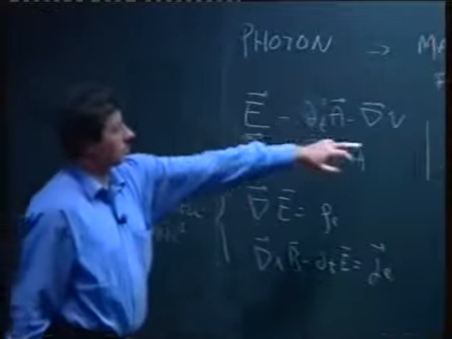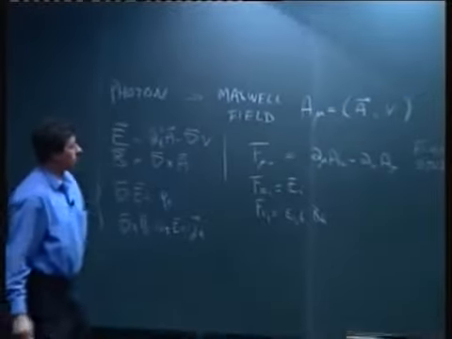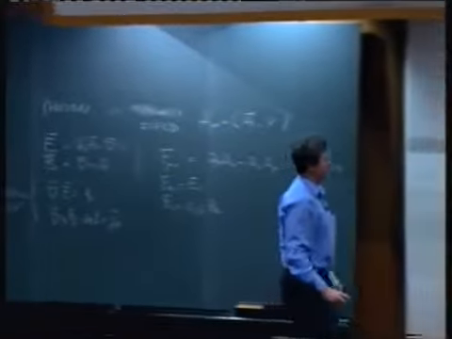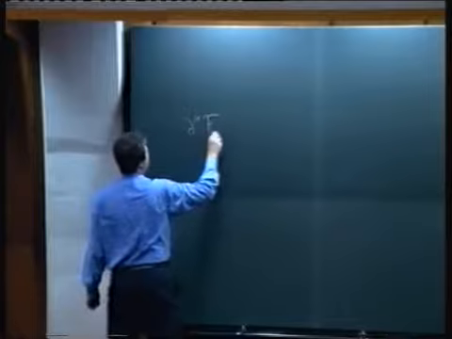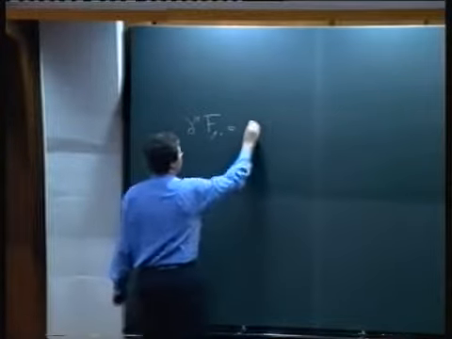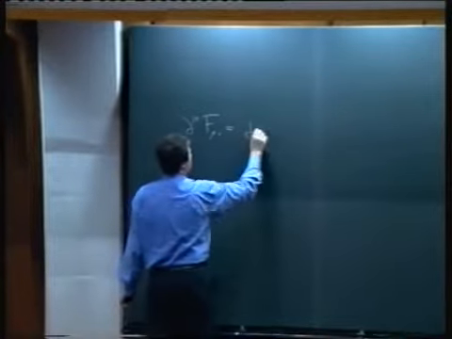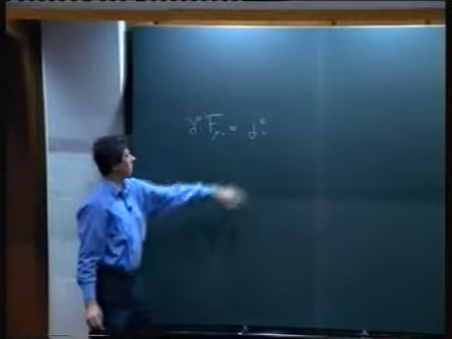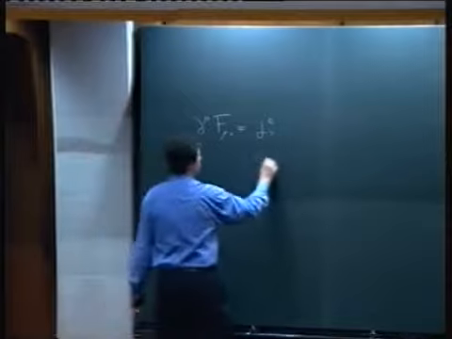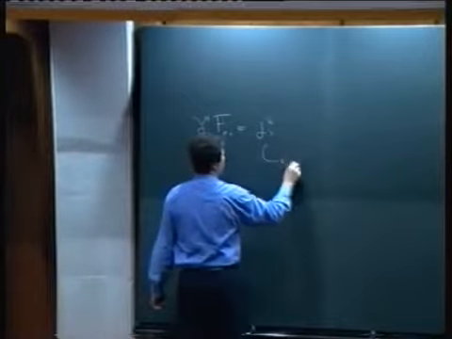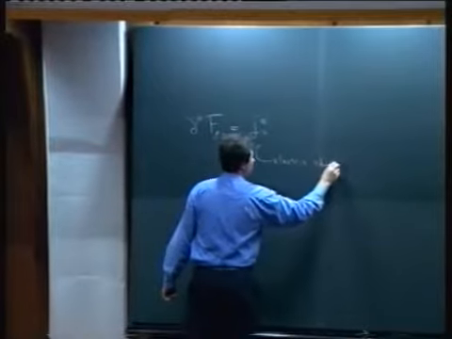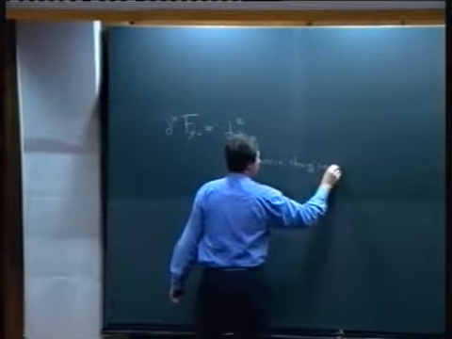They can be written in terms of the field strength in the covariant notation, and the Maxwell equation then becomes d mu F mu nu equals J nu E, where this denotes the electric charge current.